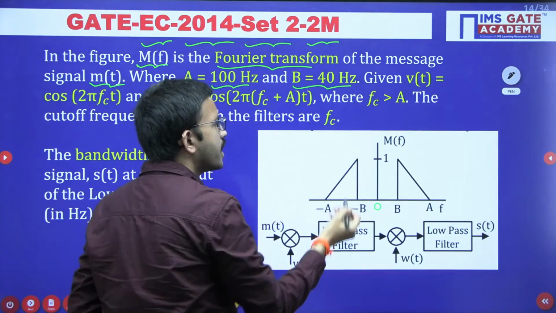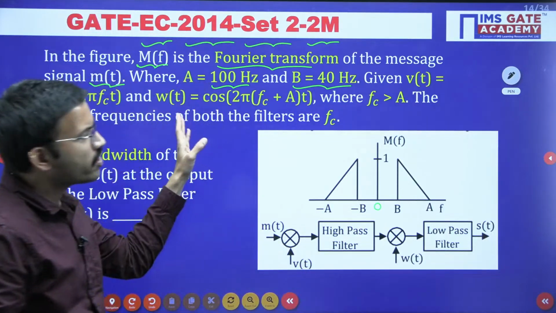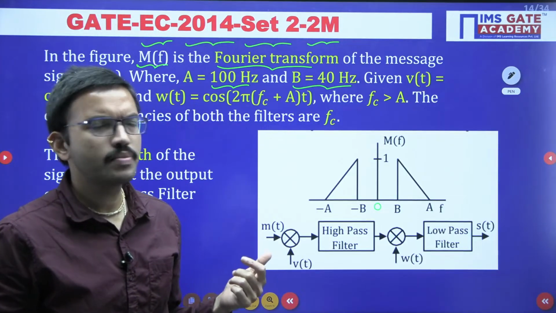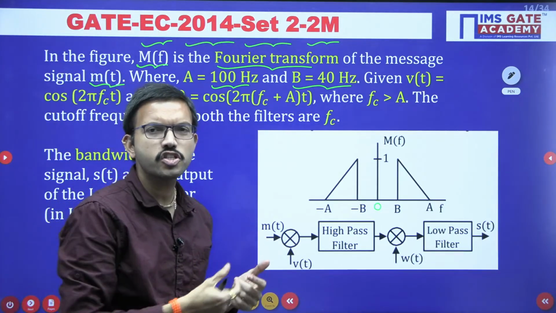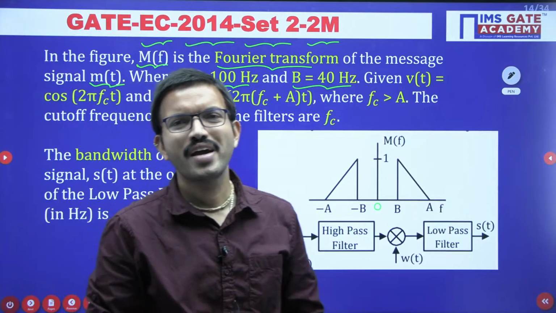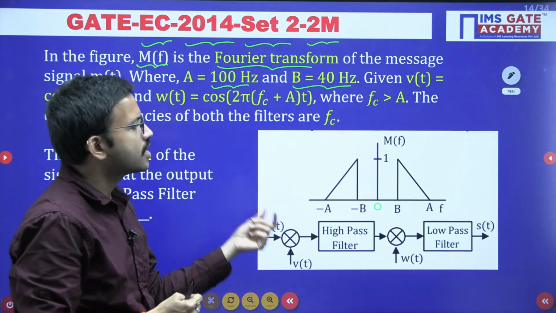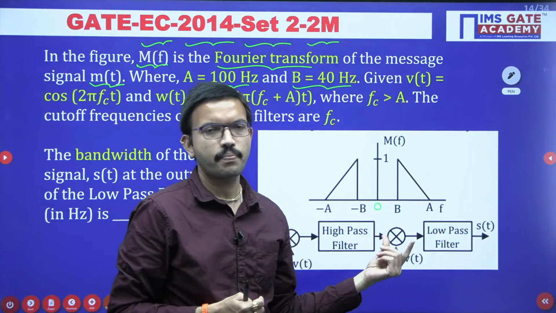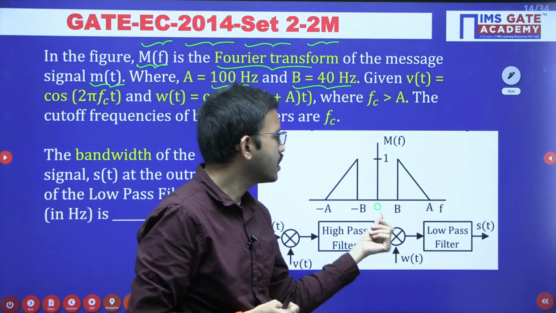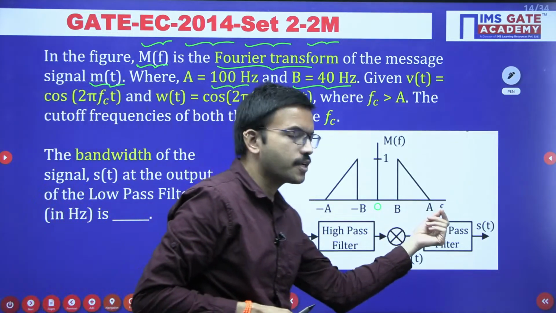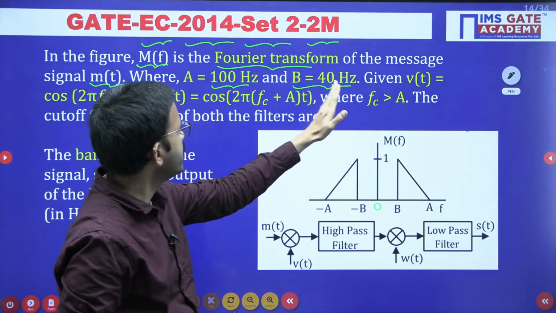So that means regarding the modulating signal or message signal, previously if you observe, in some questions you are having only one frequency, and some questions you are having like 2 frequencies. But in this question, you are having the range of frequency. So regarding the modulating signal, now we are operating from 40 Hz to 100 Hz.